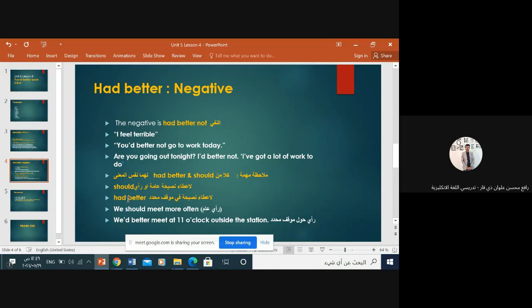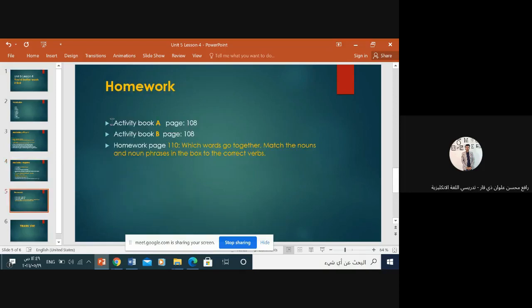While had better is used to give advice in a particular situation، في موقف معين. We should meet more often, this is a very general advice or general opinion. Look at: we'd better meet at 11 o'clock at the station. Now this is giving advice but in a particular situation.